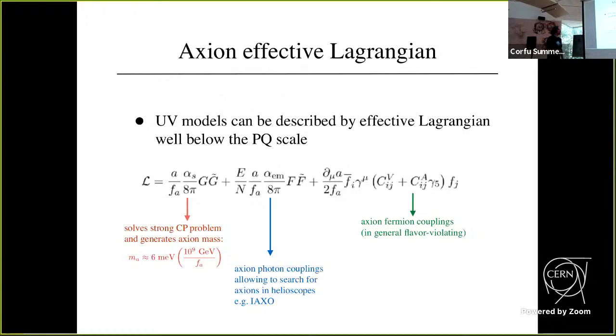And the third term here is the derivative coupling of the axion to fermions. I just want to emphasize at this point that in general, these couplings would be flavor violating.